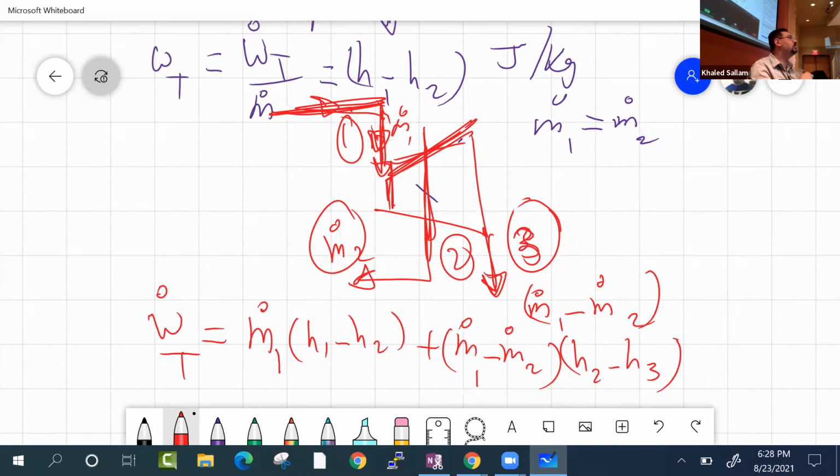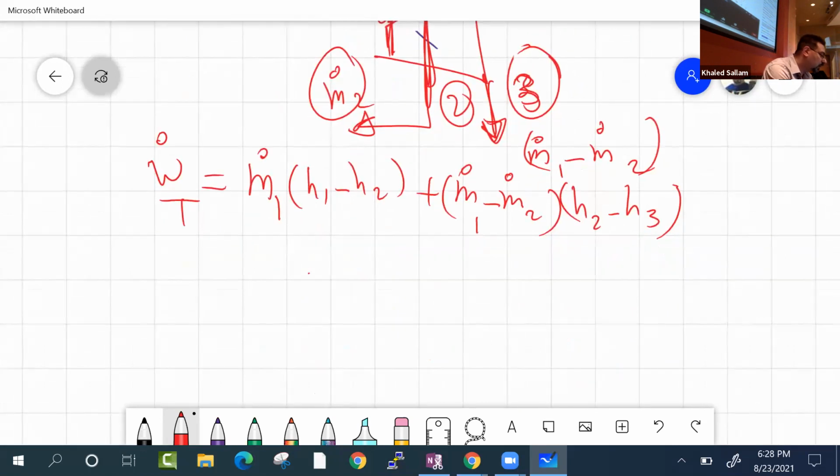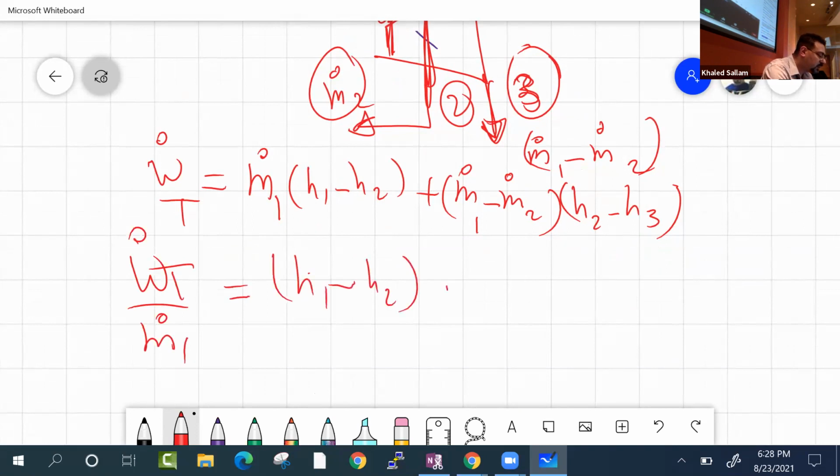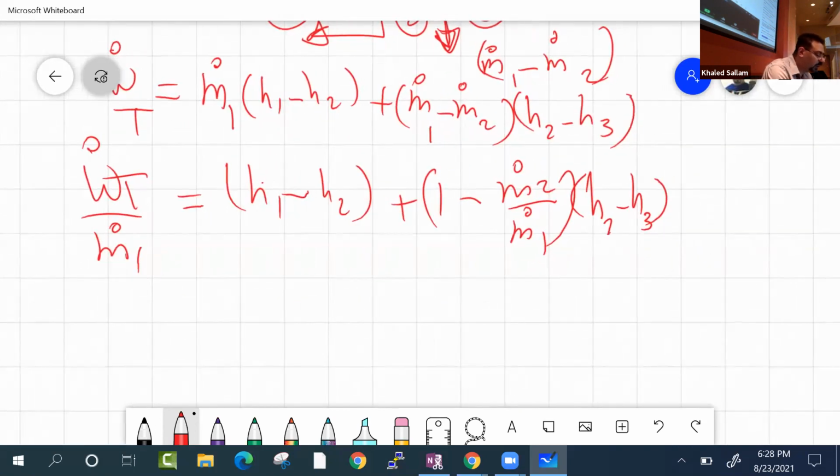It's going to the steam chest, coming from the steam generator. So maybe you want to say work turbine over m dot 1. Then it will be H1 minus H2 plus (1 minus m dot 2 over m dot 1) times (H2 minus H3). And the unit here is joule per kilogram, but which kilogram?